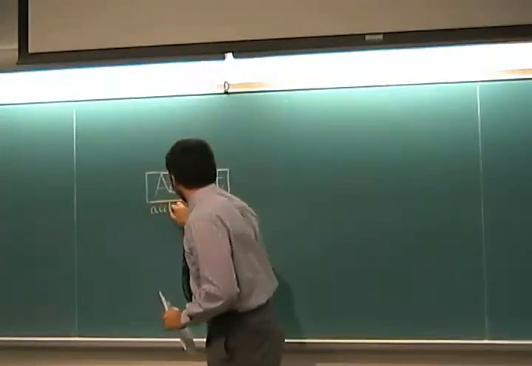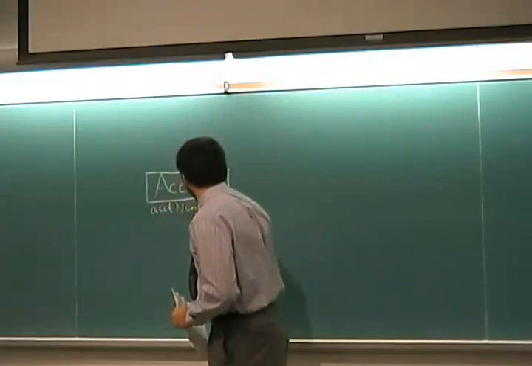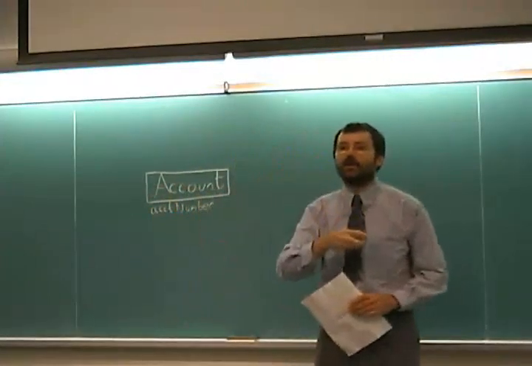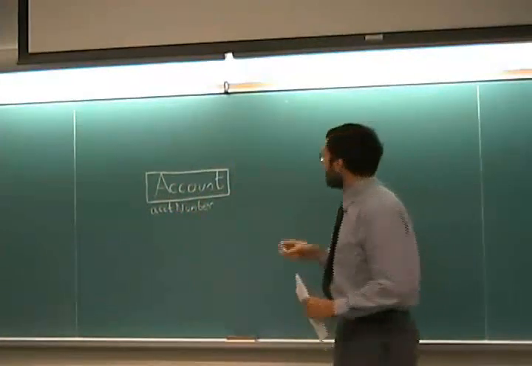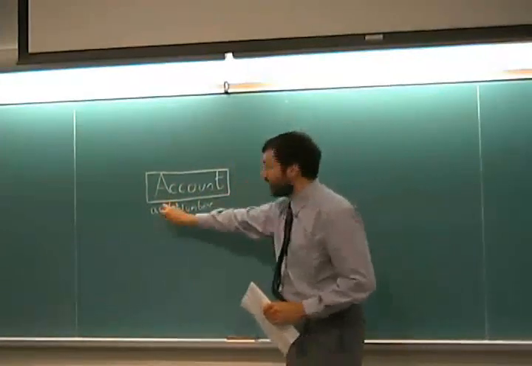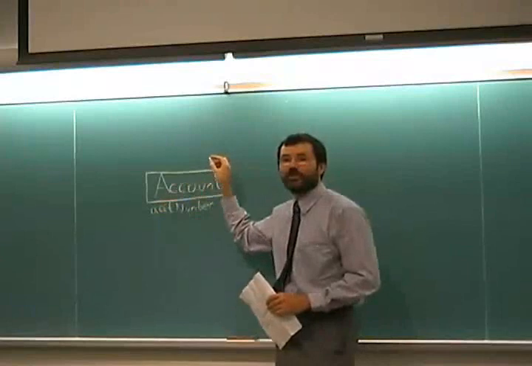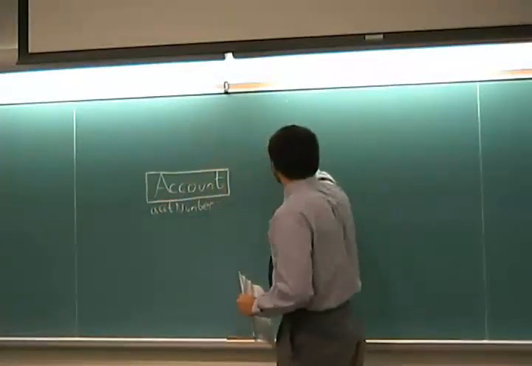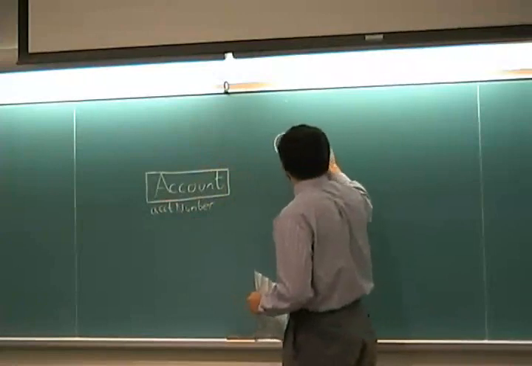Okay, account number. Anything else we know about accounts? There's a client who has the account. Does that go as an attribute or an association? Okay, I'm going to put that in as an association.